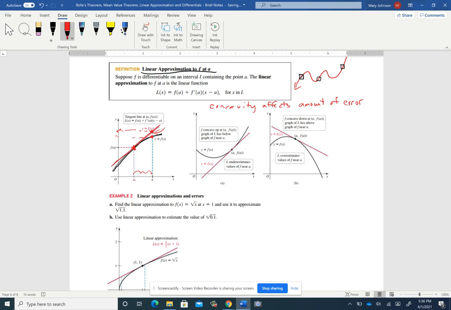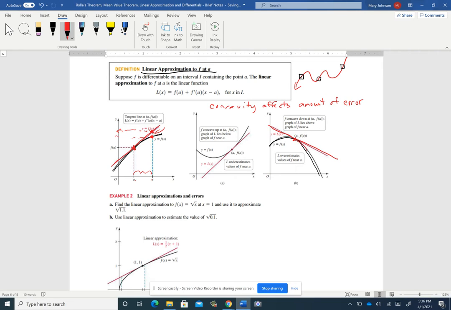So do you see, if you were dealing with this function f, and you're using this line, right at A, you'd be right on target. The values would be the same.